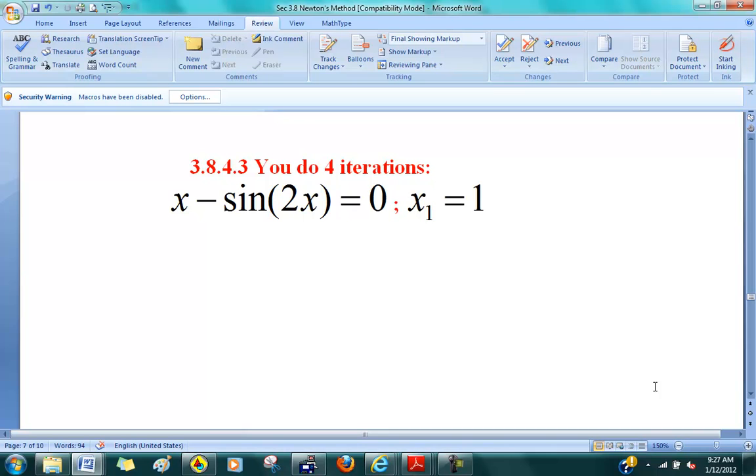So I want you to do complete 4 iterations. Notice that it's telling you do 4 iterations, okay? I'm not telling you to do it until the 4th decimal changes. Do 4 iterations. So there should be 1, 2, 3, 4 rows. So you just want us to do 4. 4 rows, yes. Store that.